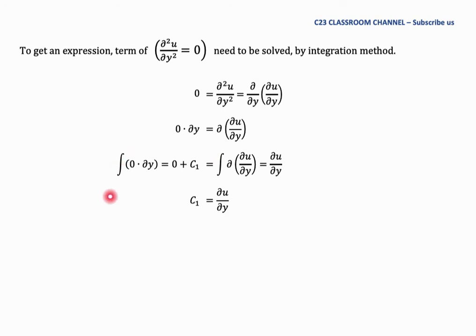The integral of 0 dy will be 0 plus a constant, c1 here. And the integration of del du dy will give us itself, meaning the integral of del u del y will give us del u del y. So we solve this term, and we get c1 is equal to del u over del y.